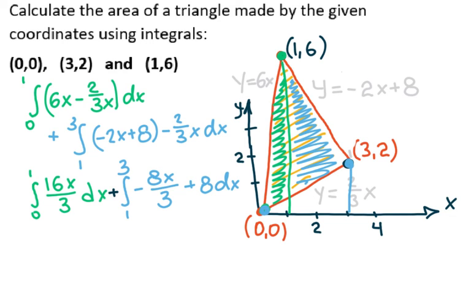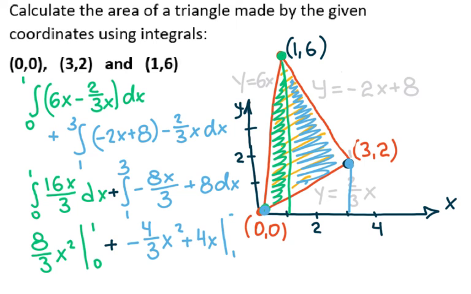Taking the integral of each, we have 8 over 3 x squared, with integration between 0 and 1, and for the second integral, we will have negative 4/3 x squared plus 4x with integration limits between 1 and 3.